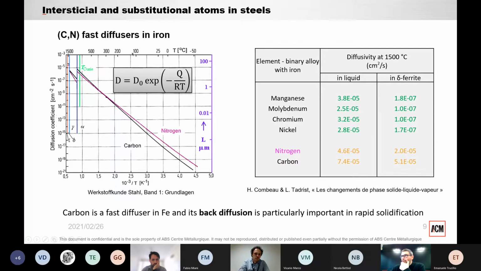You can see here the level of temperature, and the liquid is here. Then you have ferrite, delta ferrite, and then austenite. So you see there is also a difference in terms of diffusion between ferrite and austenite.